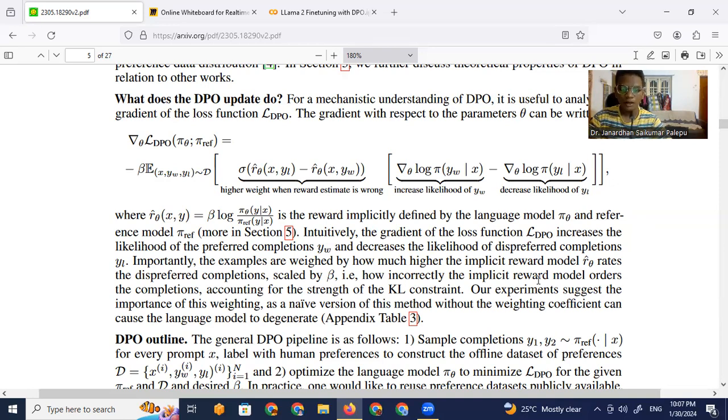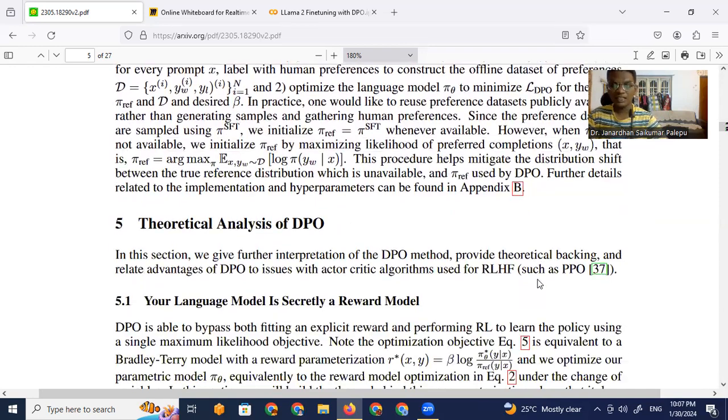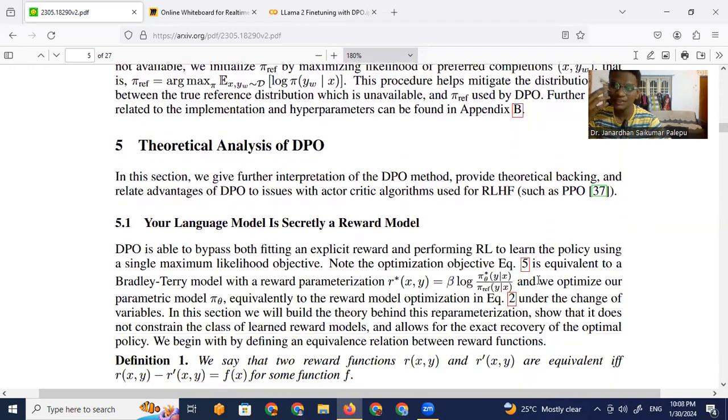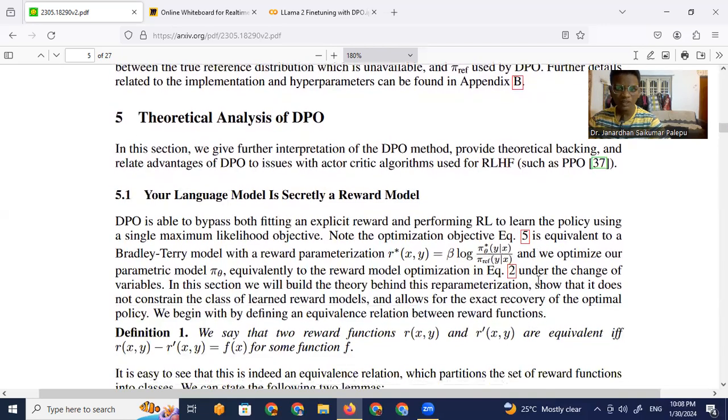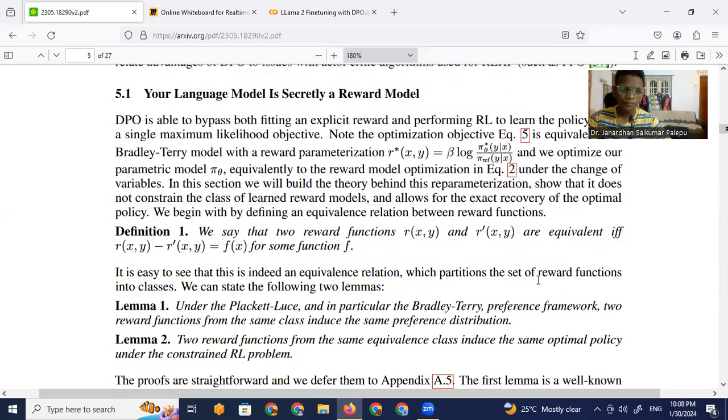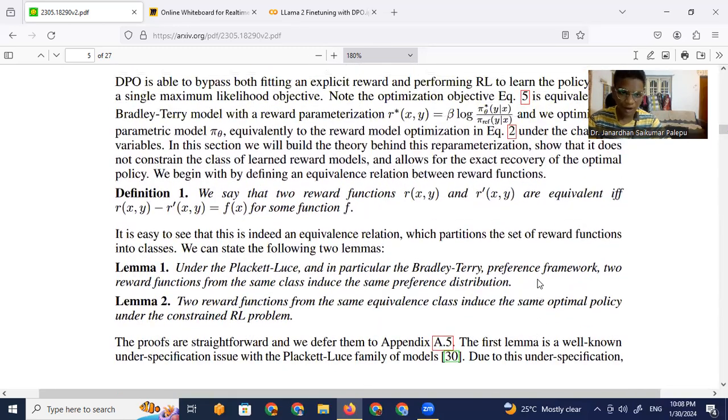As strange as it sounds, you may think that it doesn't work, that it is pretty stupid, rather than having separate processes like in RLHF. You might think it might not be compatible, but they have also theoretically proved that this method is more stable.